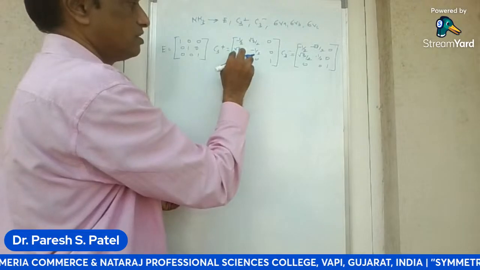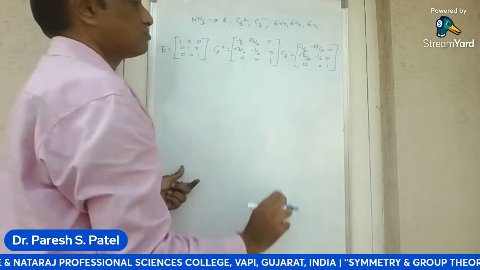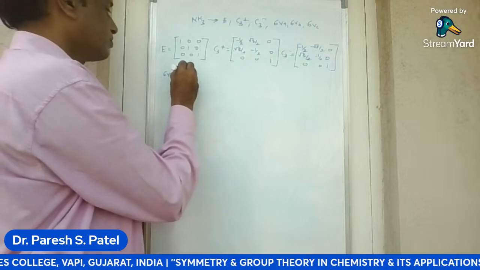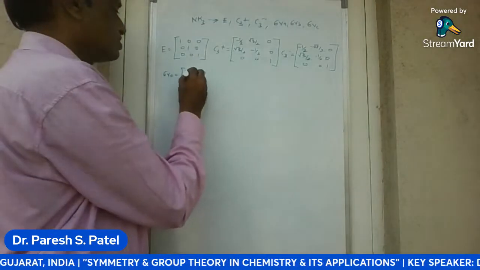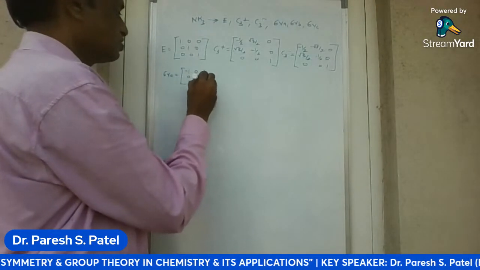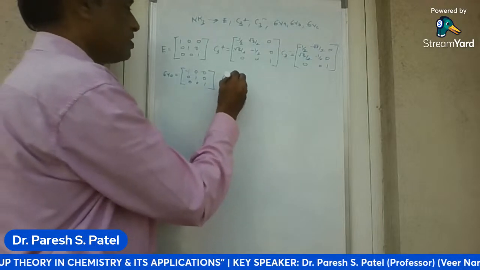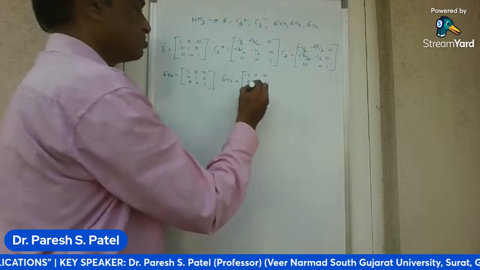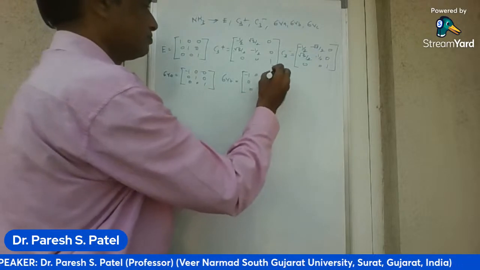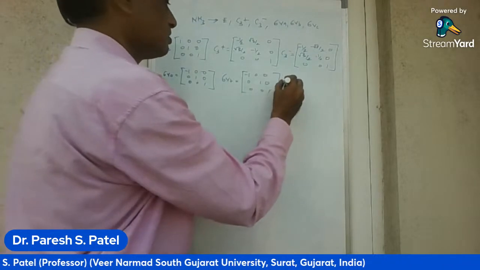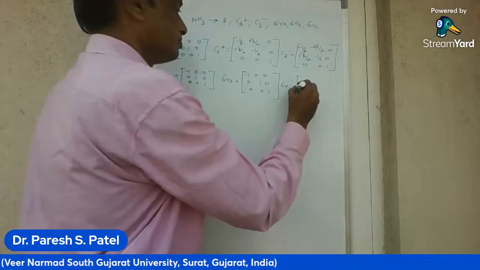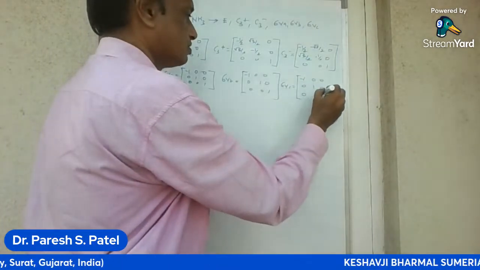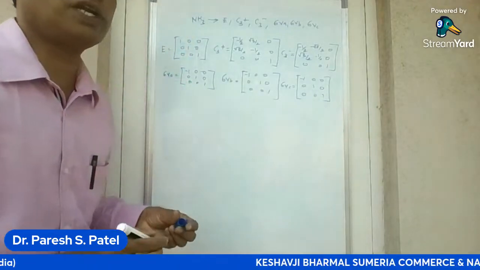It means this is minus root 3 by 2 and this is plus root 3 by 2. Sigma Va: 10, minus 100, 010, 001. Sigma Vb: minus 100, 0 minus 10, 001. This is plus 1. Sigma Vc: minus 100, 010, 001.